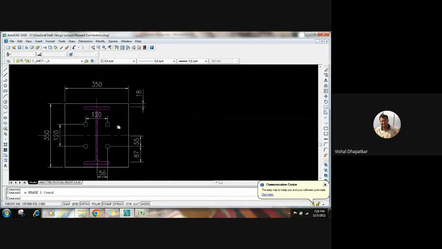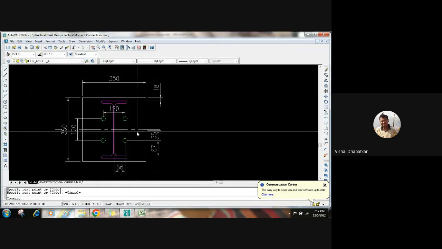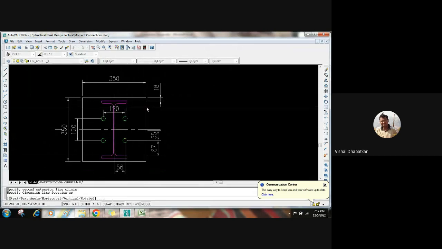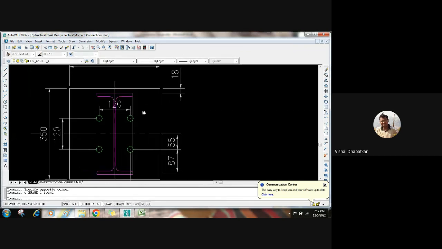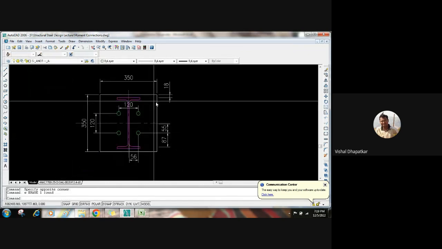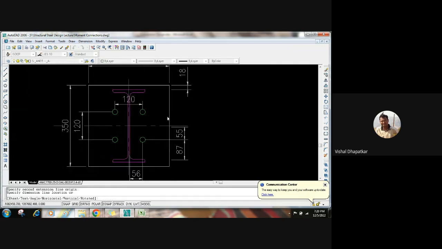And what will be the cantilever portion? This will be the cantilever portion, this much length. This 105 will be the cantilever portion, so for this 105 we have to work out the thickness. But the actual cantilever will be from this space, right?